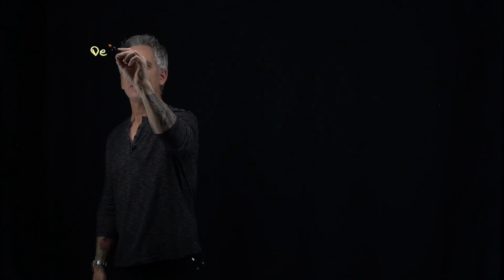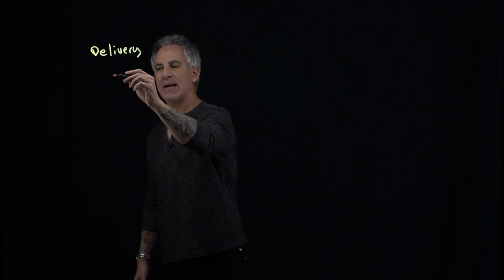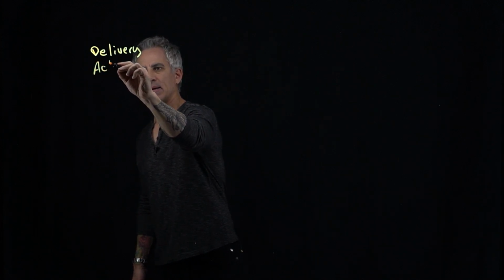All right. Basically, there's different factors, and I'll take right here to help illustrate this. So you have delivery, the delivery part for the active ingredient, and then let's go ahead and write, you have the active.